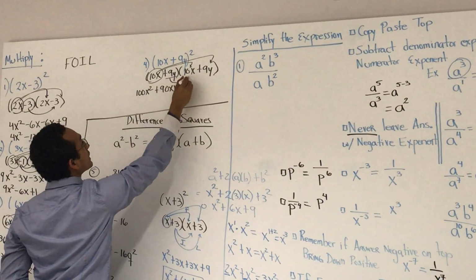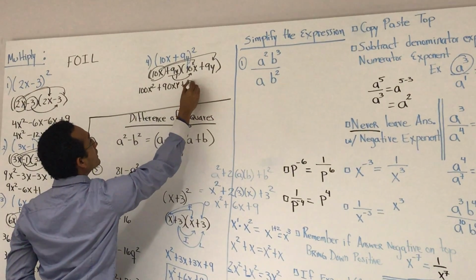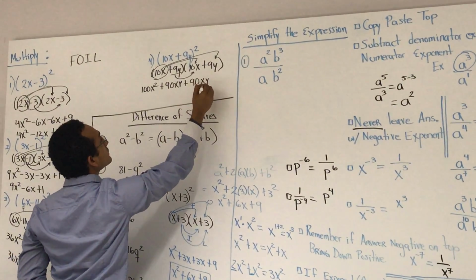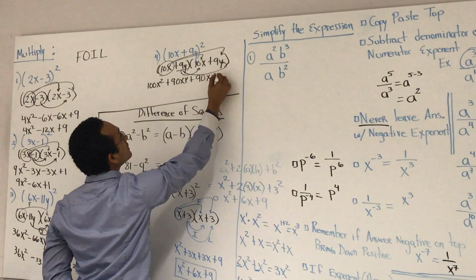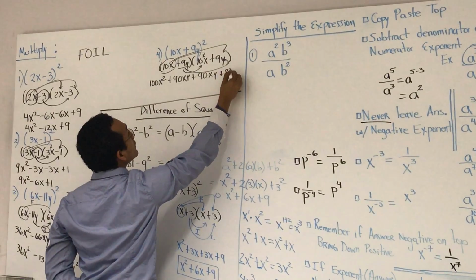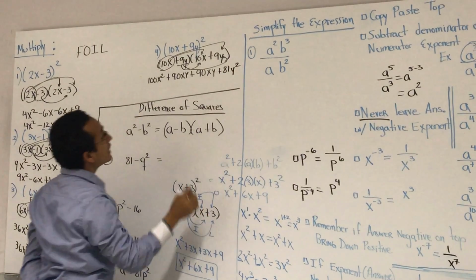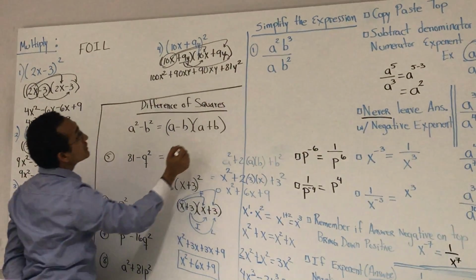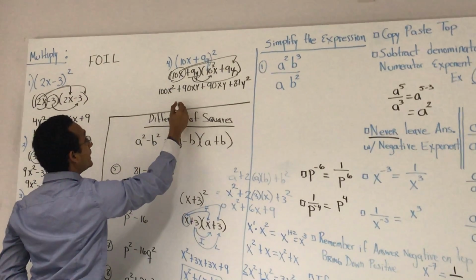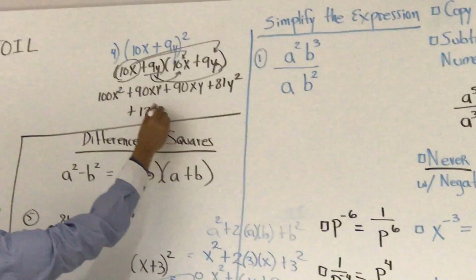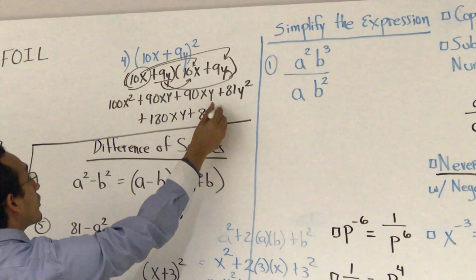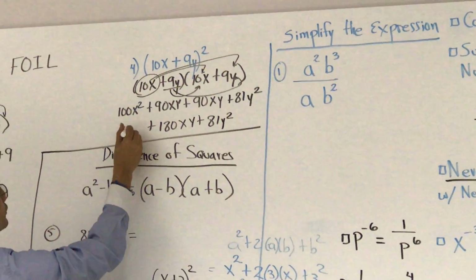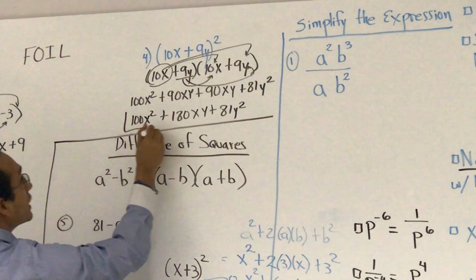And then this one times this one, 90xy. And then this one times this one, 81y squared, right? Because y times y is y squared. Okay, now 90 plus 90, 180xy plus 81y squared, and you have 100x squared. Therefore, you have an answer.